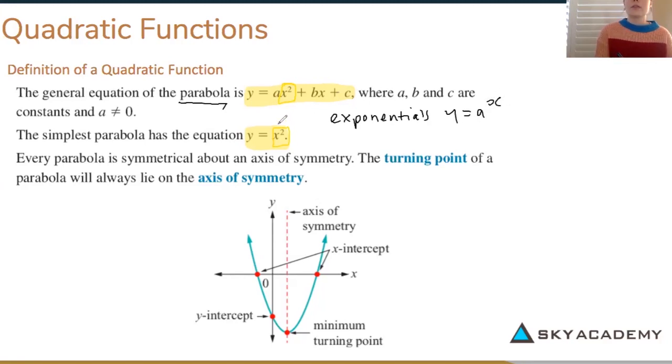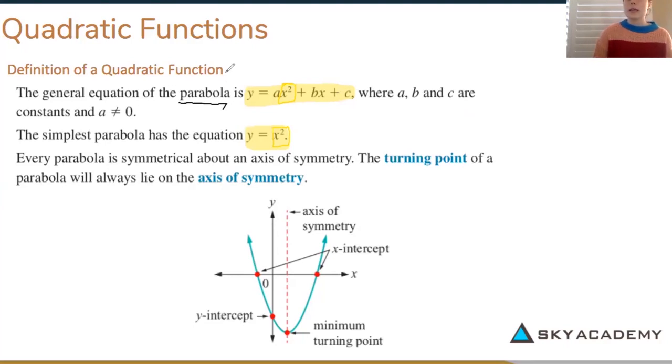However, the power for a parabola is 2, and the power for exponentials is x. So x is the changing factor: in an exponential, it's the power, and in a parabola, it's just the base. A to the power of x is exponentials, and x to the power of 2 is a parabola. It's just important to know that difference so you don't get confused.